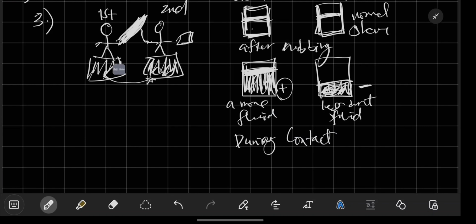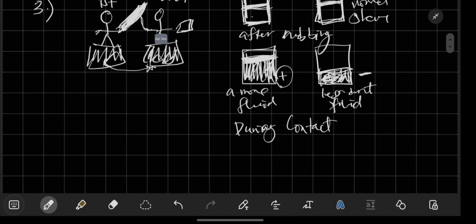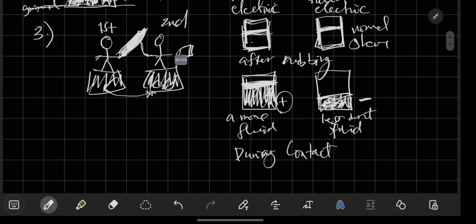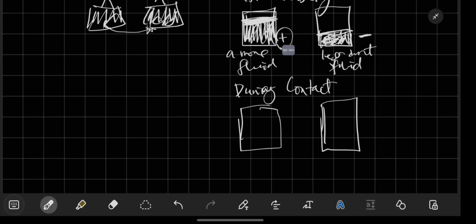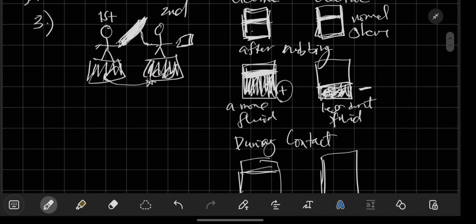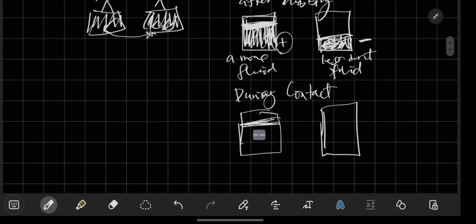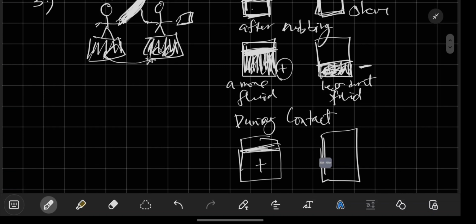So during the contact between these two persons, from first person to the second person, he concluded that the charge can flow from the first person to the second person. And then he concluded that this first charge is coming from the first object, which is the person holding the glass rod, which has a positive charge, and then the second person, which has a negative charge.